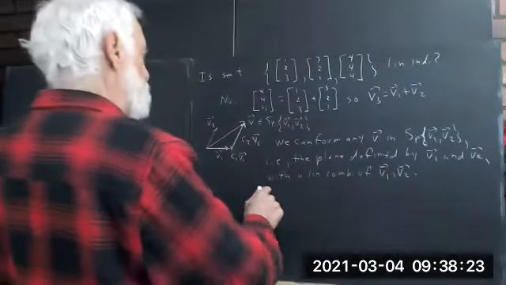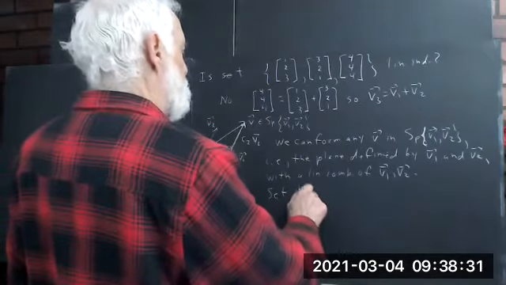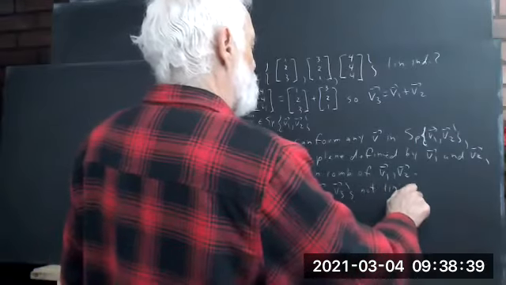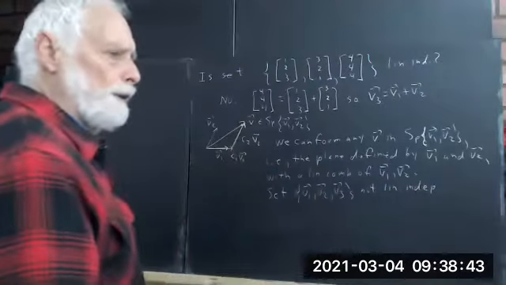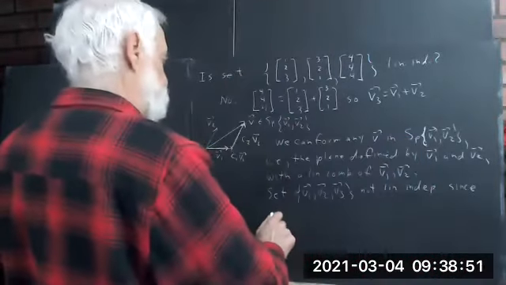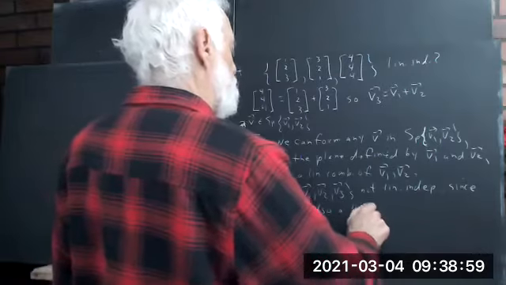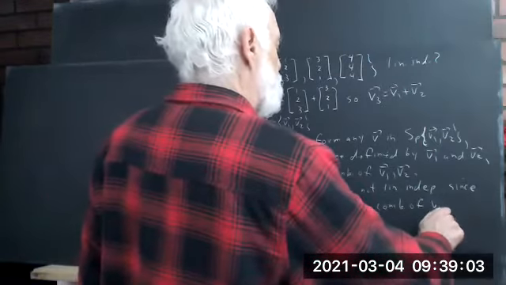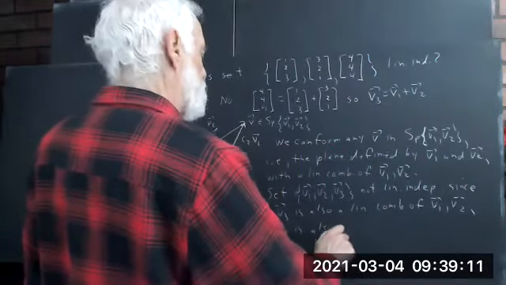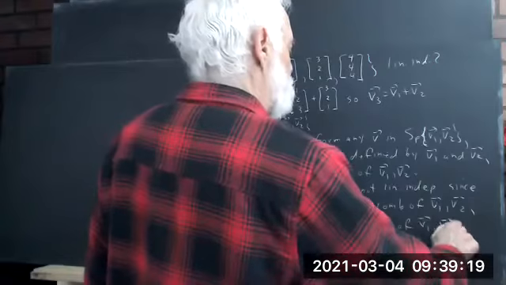Okay, the set is not linearly independent. This set is not linearly independent, since V3 is also a linear combination of V1 and V2, so it's also in the plane of these two vectors.